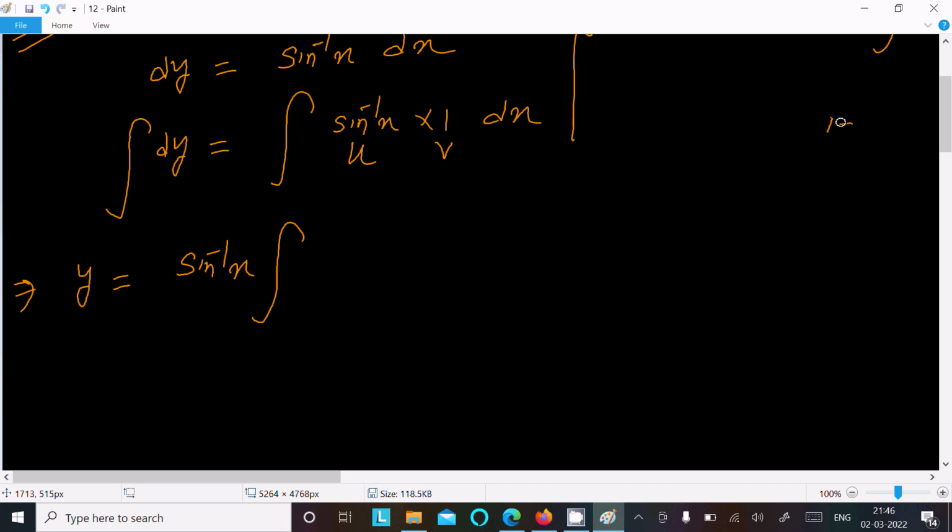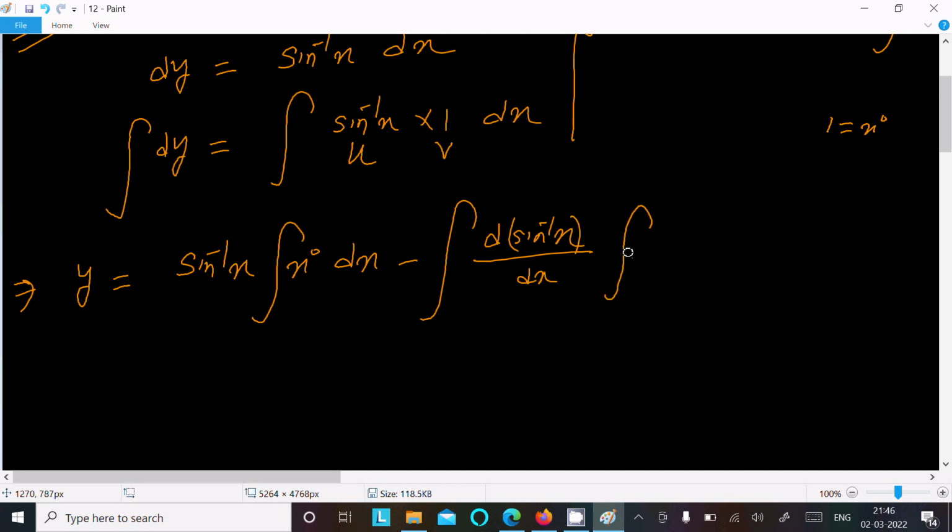So 1 we can write as x power 0, so x power 0 dx. Then after minus, du by dx, d of sine inverse x divided by dx, and then we do the integration of v dx. So v is now x power 0, dx.